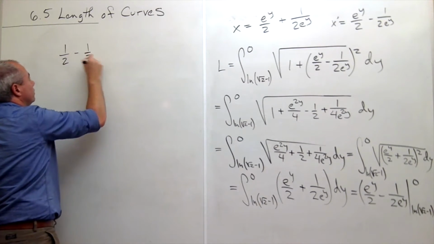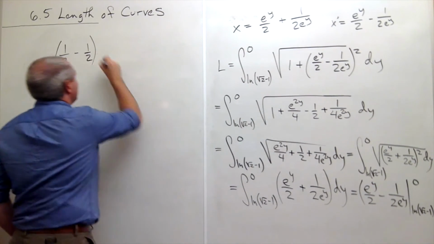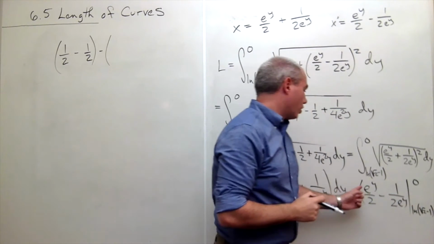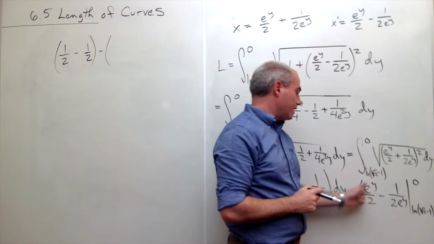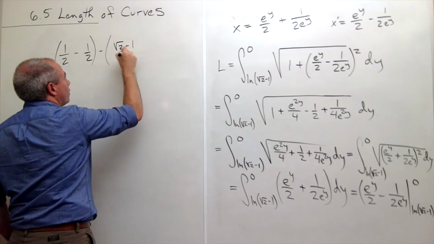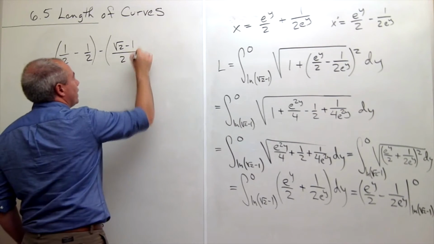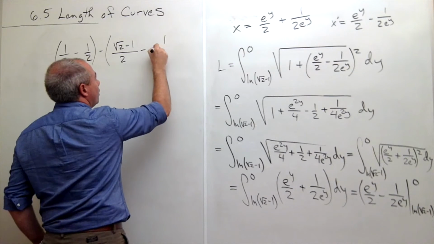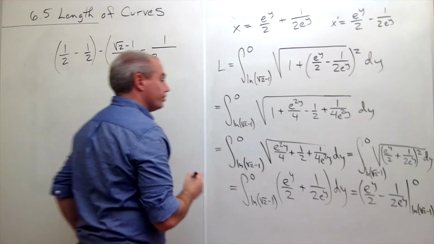Minus, now I plug in the ln of root 2 minus 1. If I plug in an ln as a power of e, the e and the ln cancel, and I just get the square root of 2 minus 1 divided by 2. And then I get minus 1 over 2 times now square root of 2 minus 1.